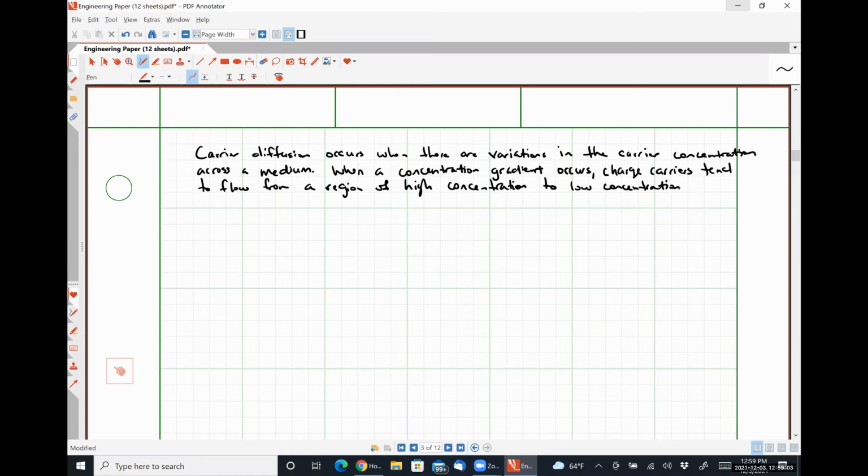Okay. So diffusion is governed by what's called Fick's law. And the current density, J diffusion, will be q multiplied by D_n dn(x)/dx minus D_p dp(x)/dx.